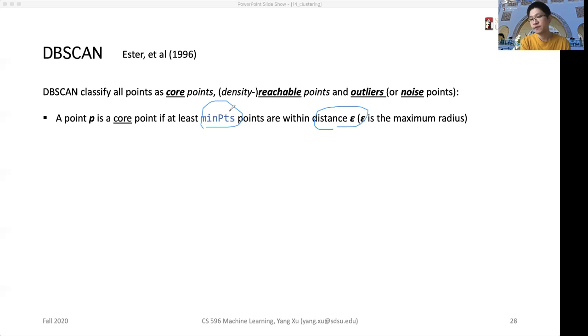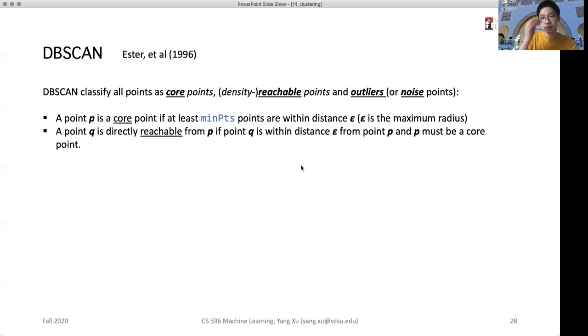So if, for example, there are more than 5 points that are epsilon distance away from p, then p is a core point, and this epsilon is a maximum radius. Okay, so that's how a core point is defined, purely on local distance.